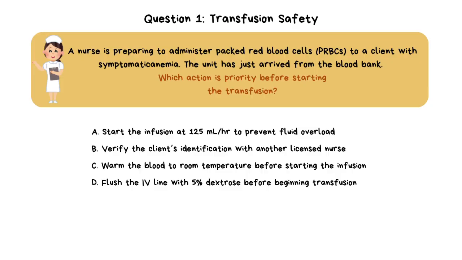Option B. Verify the client's identification with another licensed nurse. Option C. Warm the blood to room temperature before starting the infusion. Option D. Flush the IV line with 5% dextrose before beginning transfusion. Pause and select your answer.